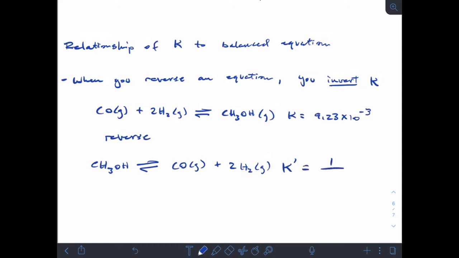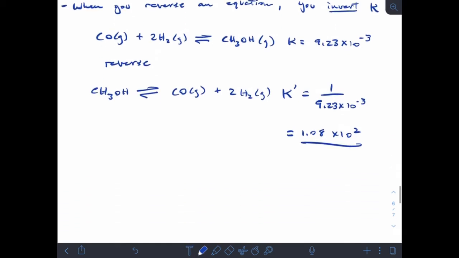K prime will be 1 over 9.23 times 10 to the minus 3, which equals 1.08 times 10 to the 2. So if I need to reverse an equation in order to combine things, I have to take the inverse of K, and then my result will be the inverse of the original value.